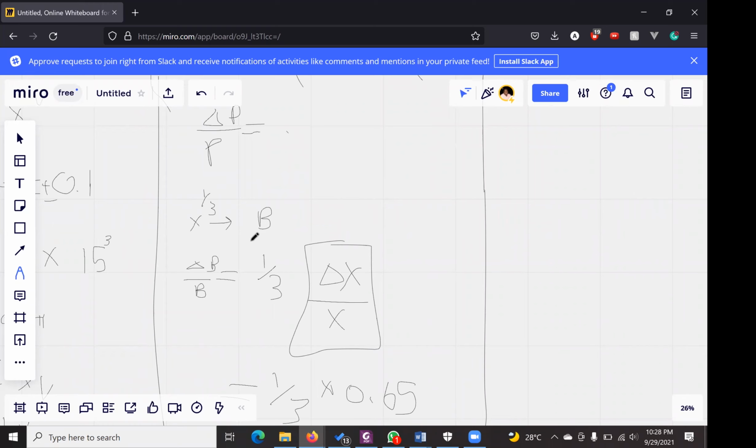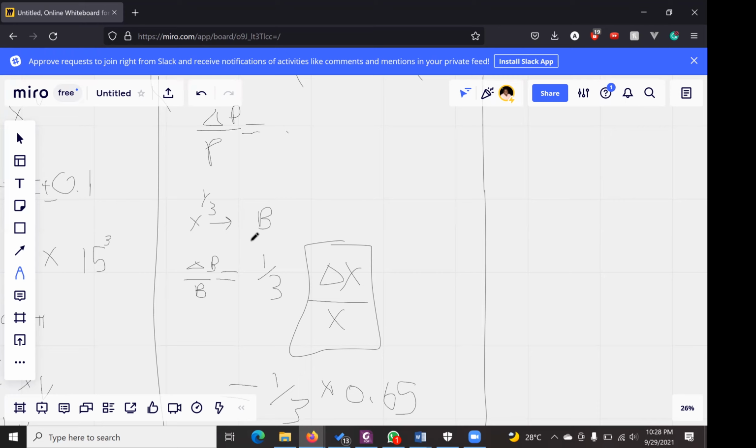How do you change all that to a fraction and then multiply by the percentage error? There is a rule for things with a power, so that's how you would do it.